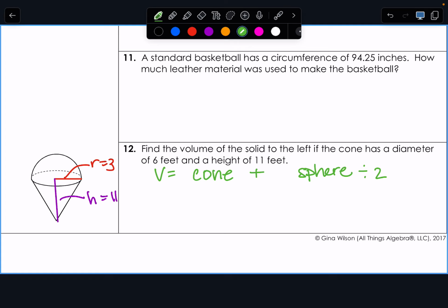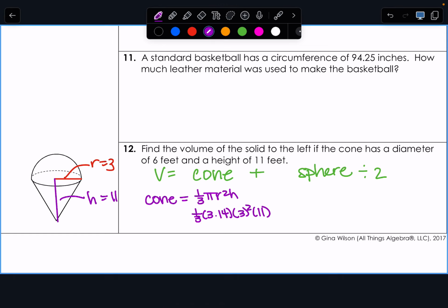Okay, so, oh man, volume of a cone. Do you remember how to do that? One-third pi r squared h, right? Okay, so for our cone, we have 1/3 pi r squared h. Our radius is 3, and our height is 11.